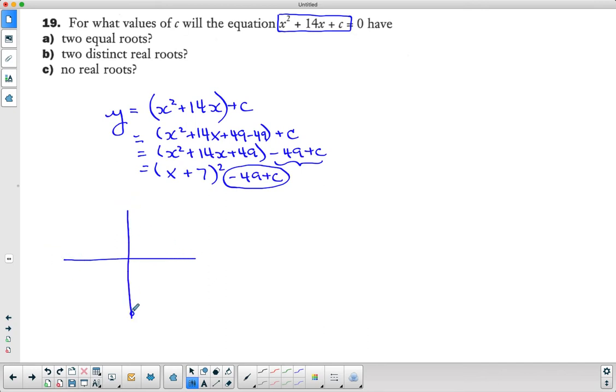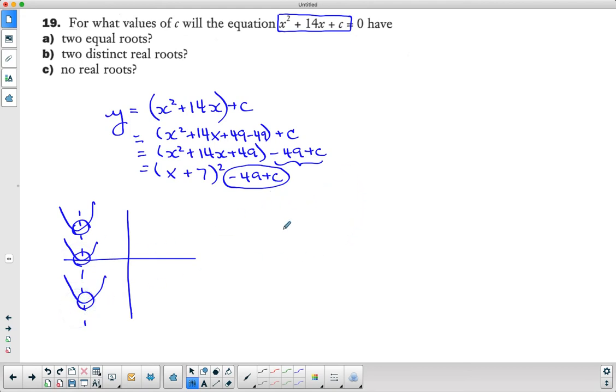So currently my parabola looks like it's right side up, and it's moved backwards 7 spaces. So the vertex is over on this line somewhere, and I just have to know what value of c is going to put it up here, here, or down here. Now, if c is positive, it's going to be up here. If c is 0, it's going to be here, and if c is negative, it's going to be down here.